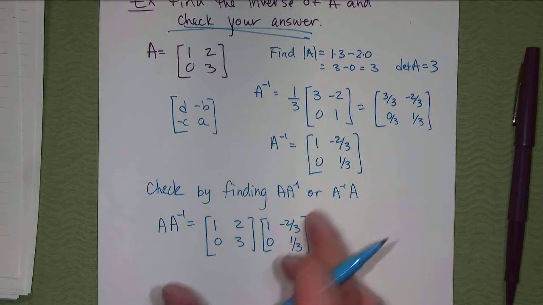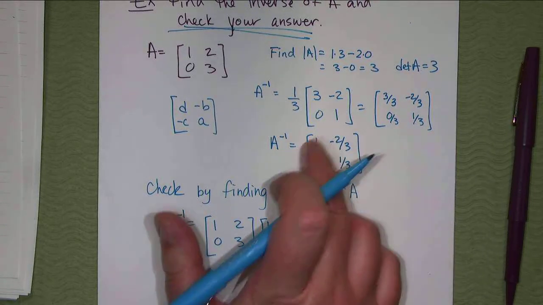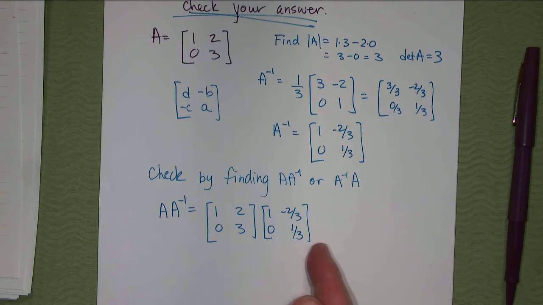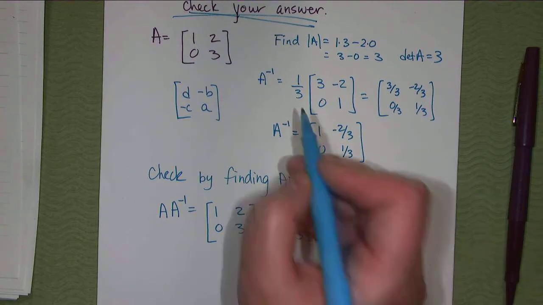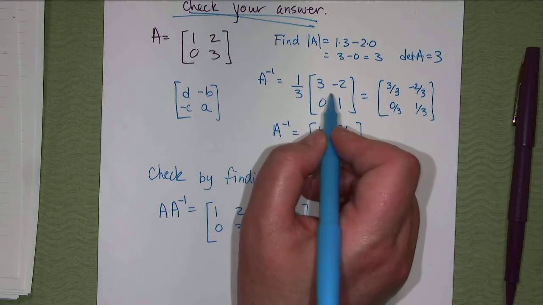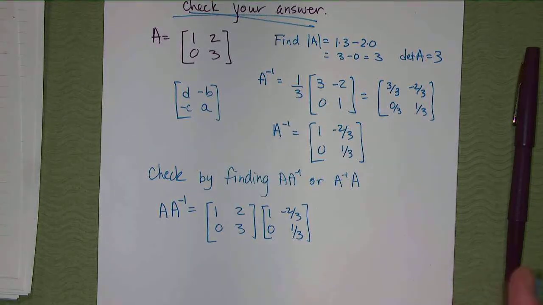Another thing is that if there's fractions in here, if you leave them with a common denominator, it's better, because when you do your multiplication, you'll already have them over the same denominator. So fractions are easier. But you could leave it like this. That's a scalar multiple. Multiply that and then put the 1/3 in. That would work as well.